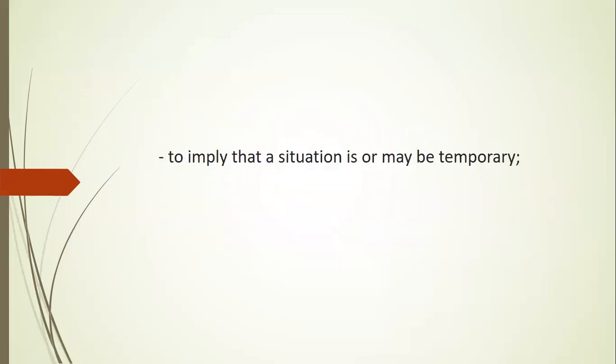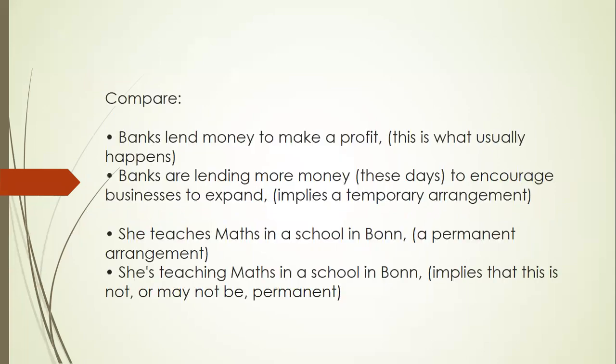The next usage is to imply that a situation is or may be temporary. If we want to describe temporary situations, we use present continuous, or maybe in some cases present simple. So again, let's compare the examples. The first sentence: banks lend money to make a profit.